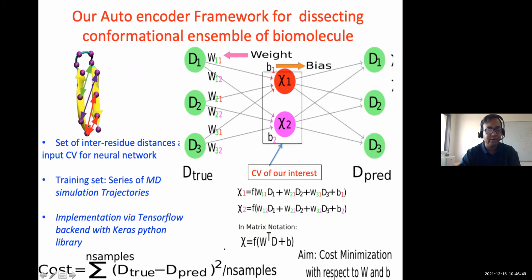We can calculate all the C alpha distances as the input layer. Let us say these are D1, D2, D3, a large set of input distances, which one can calculate from the molecular dynamics simulation trajectories.